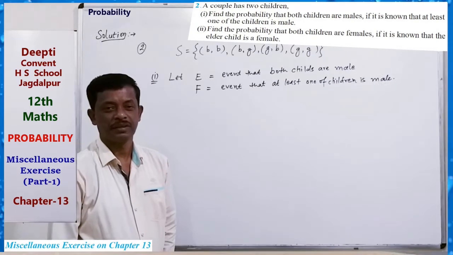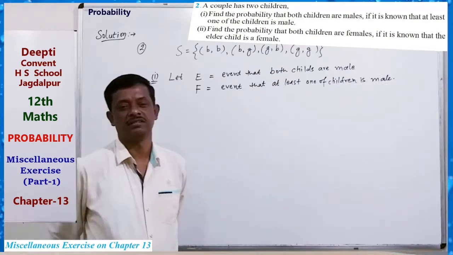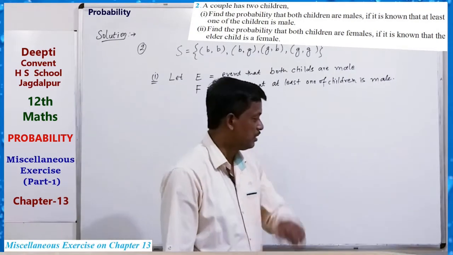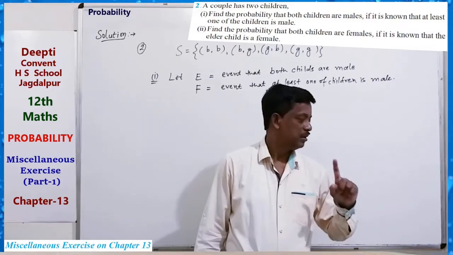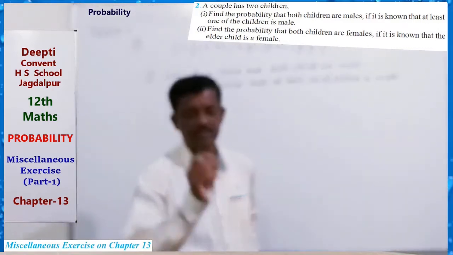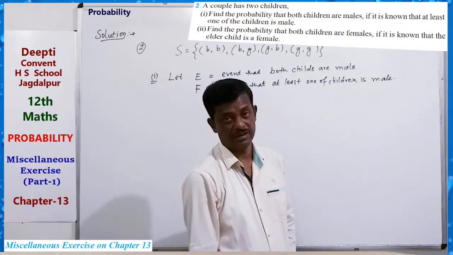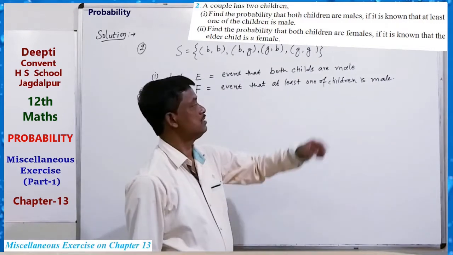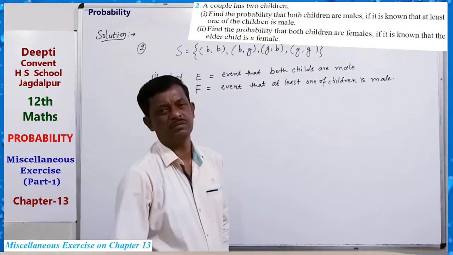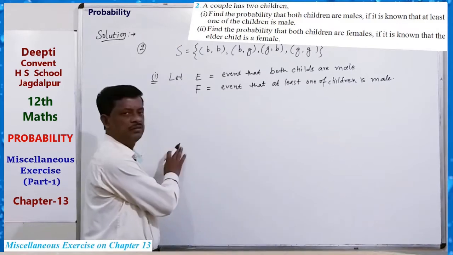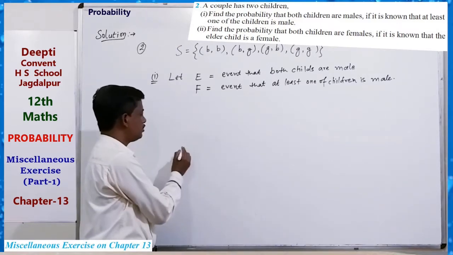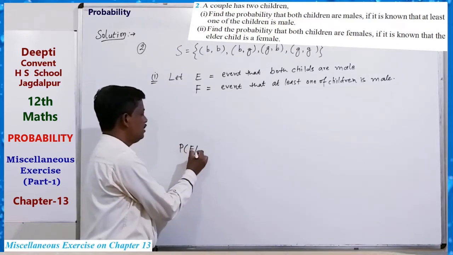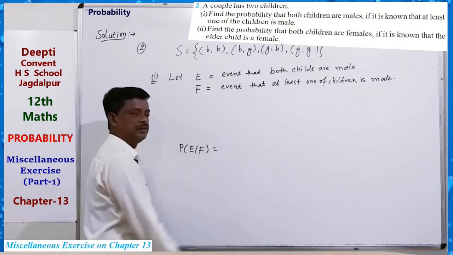Okay, so the two events are decided, and we have to find the probability that both children are male if it is known that at least one of the children is male. That means we have to find the value P(E|F).